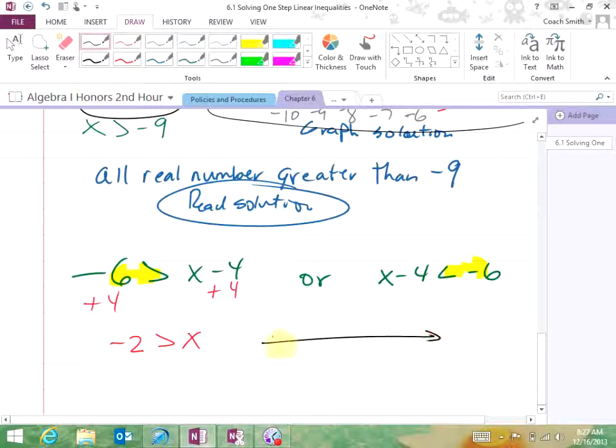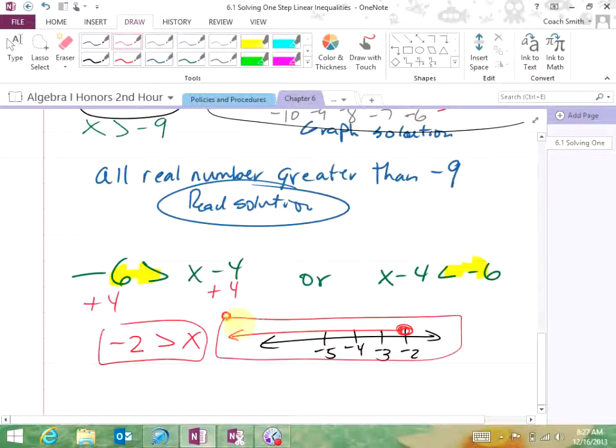So, to graph that, that's not colored in. It looks like it is, but it's not. Okay, so that is x less than negative 2. And so this and this would be your answers.